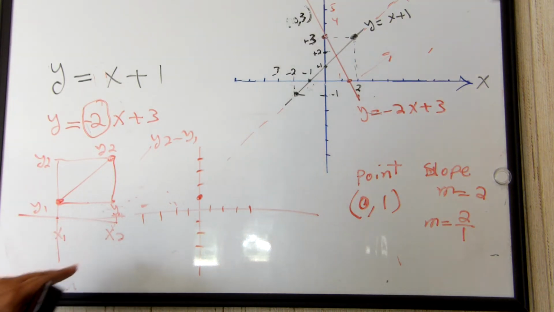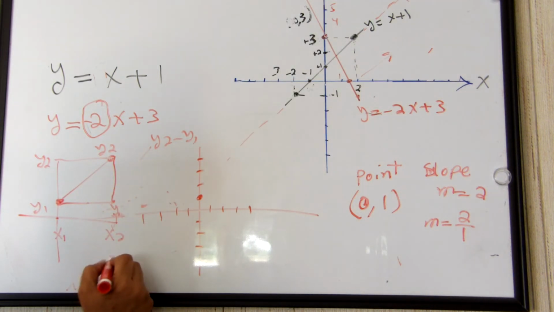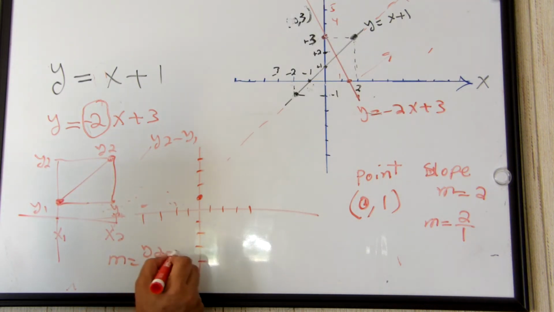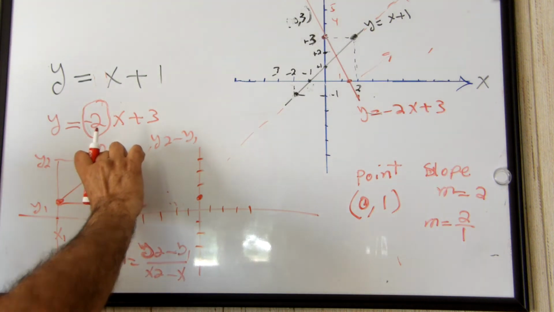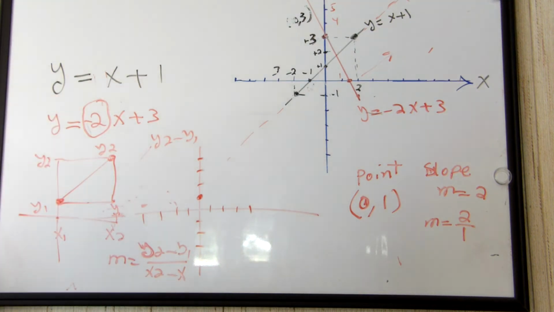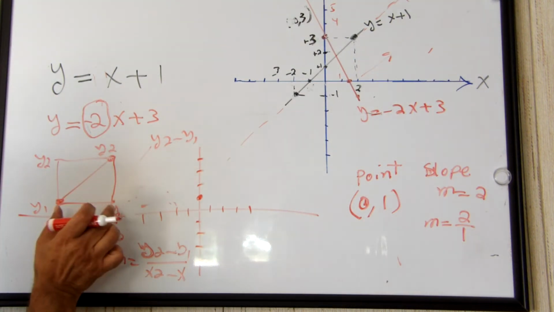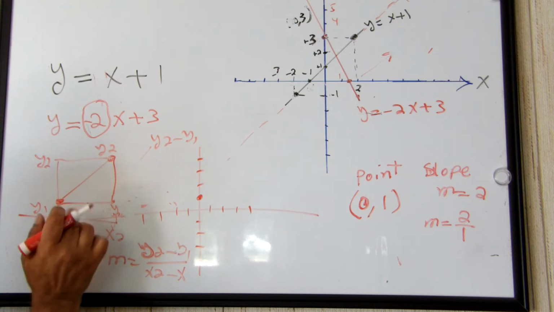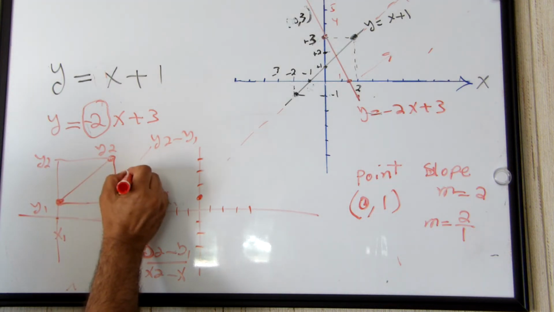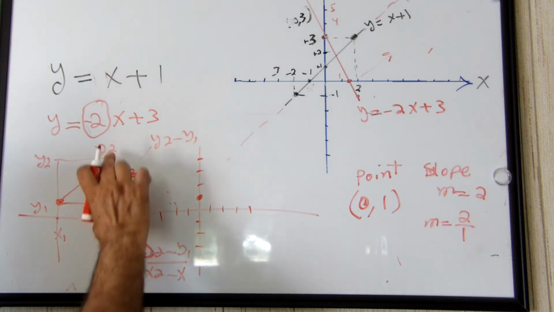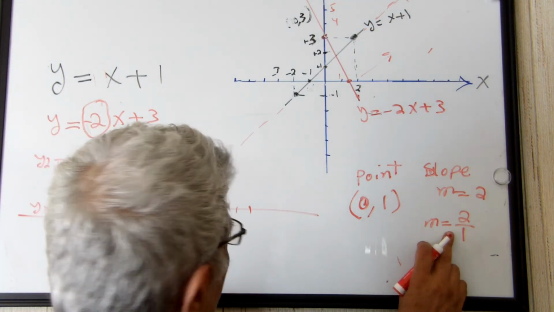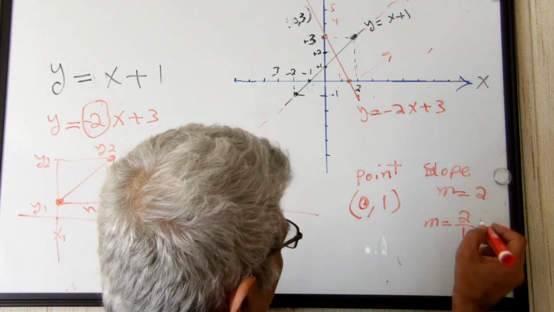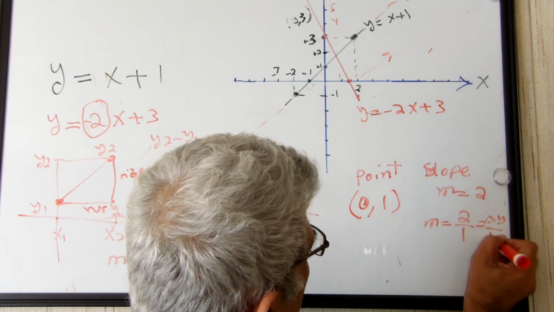It starts from 0. The formula to find the slope is this one. It means the difference in height divided by the length, rise and run. Here it is the same thing: this is delta y, and this is delta x.